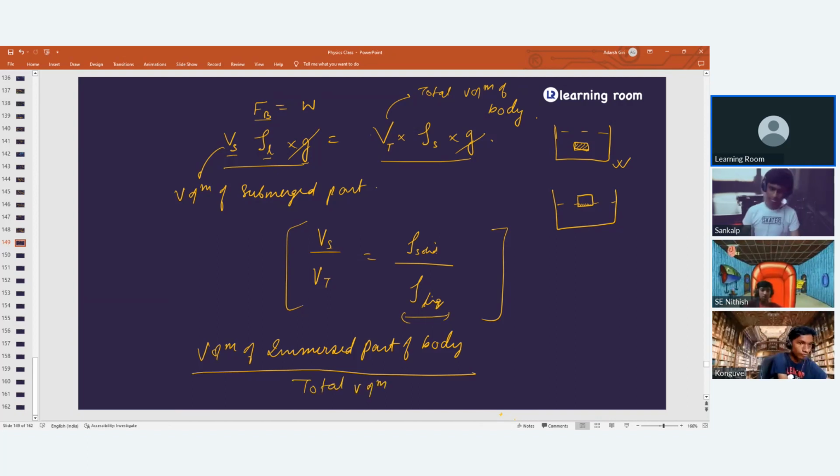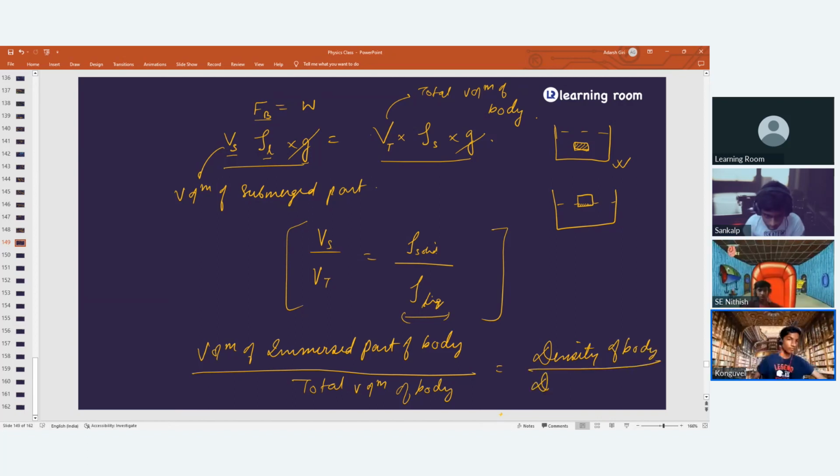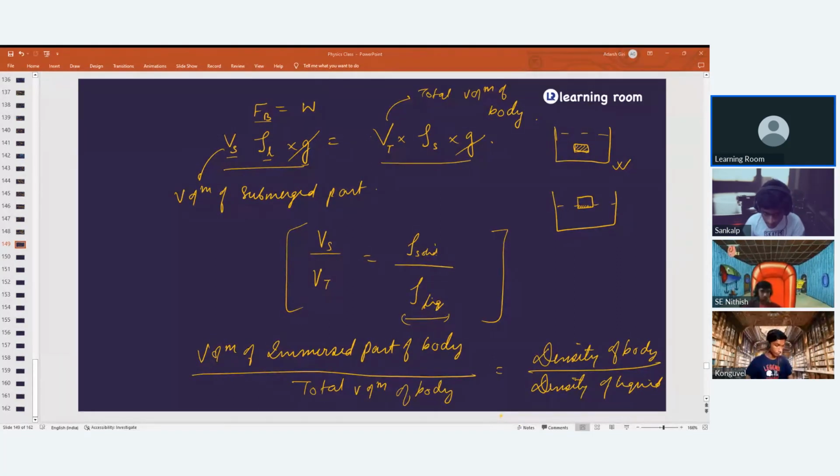Immersed and submerged, same thing. Total volume of body is equal to density of solid body by density of liquid.